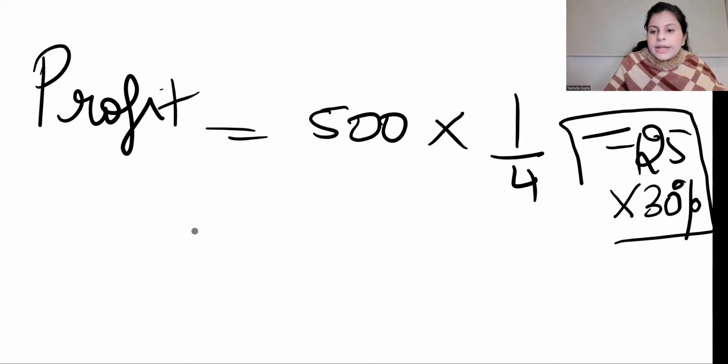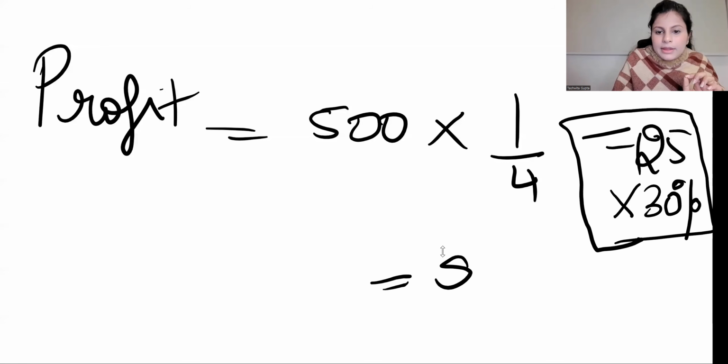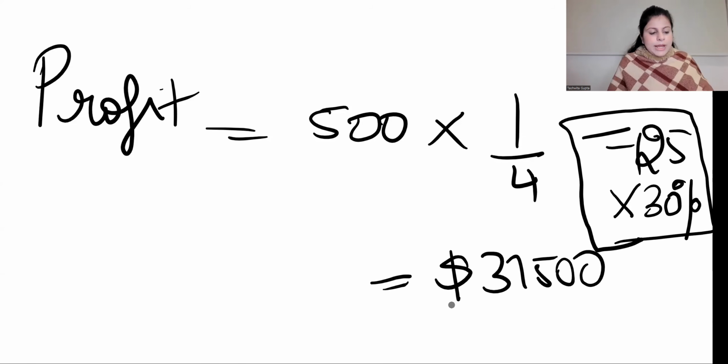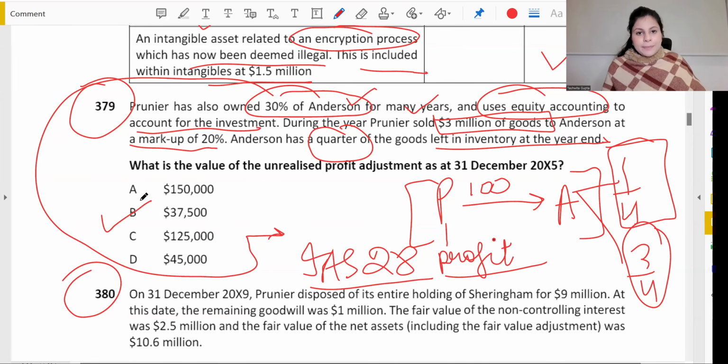You do not consolidate the full parent and the associate at 100%. You just show 30% under equity method. So how much is this coming out? 37,500. So my answer is 37,500, which is option B.